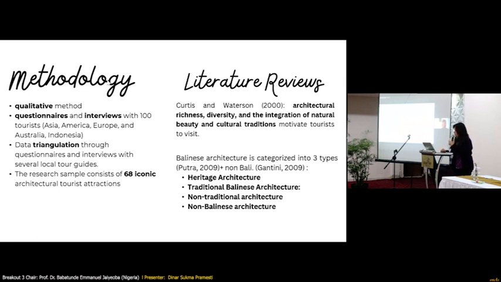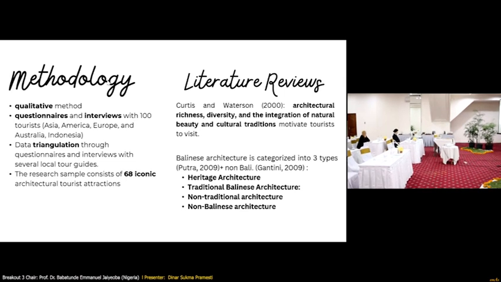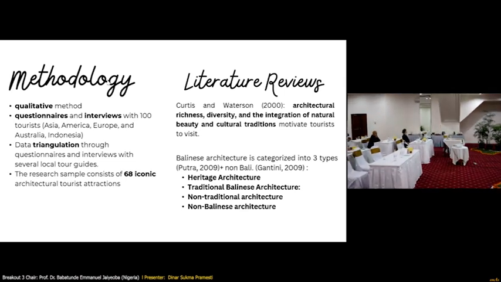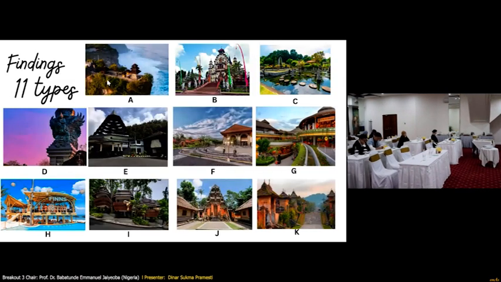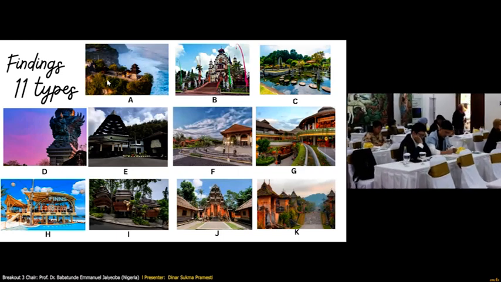The first is heritage architecture, traditional Balinese architecture based on Hindu religion. Then non-traditional architecture, the traditional combined with modern function and modern elements, and non-Balinese architecture that uses modern or contemporary style. The findings show 11 types of iconic architectural attraction in Bali.